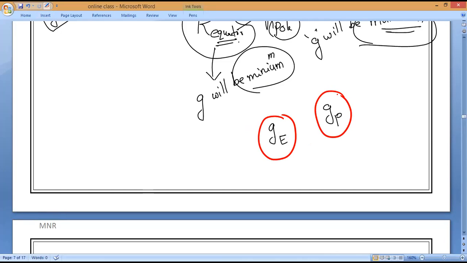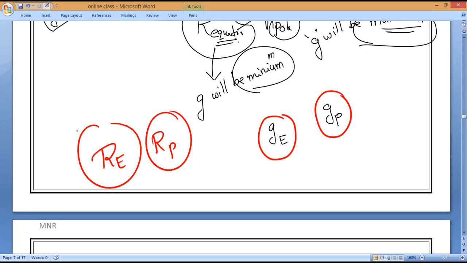Then that's all. Everything is gone. I'm not asking about gravity. Radius at equator, radius at poles, which is bigger? Anybody? Yes, please, Mitakshi? Sir, radius at equator is greater than radius at poles.